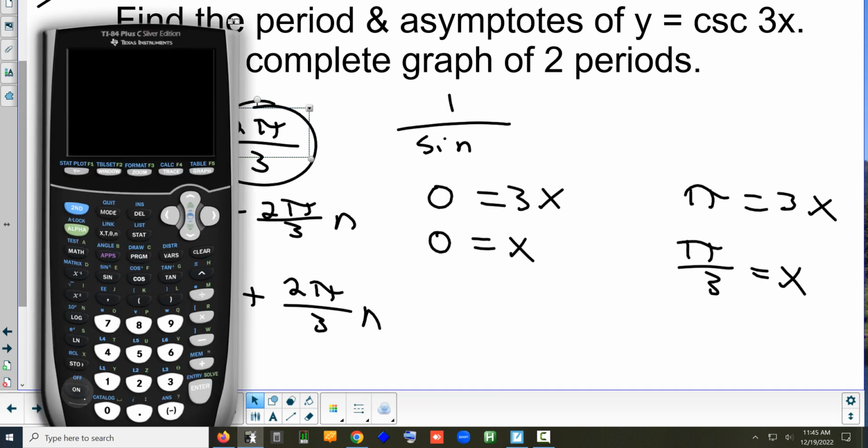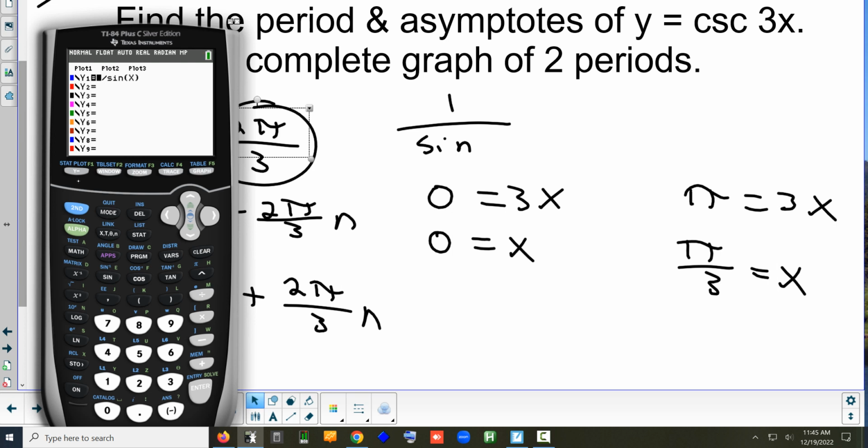This is on the calculator. Okay, how am I going to type in cosecant 3x? 3 multiplied by 1 over sine. That would be 3 cosecant x. So that would be a vertical stretch by 3.